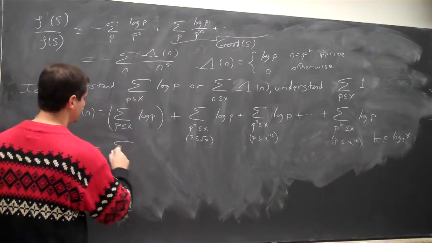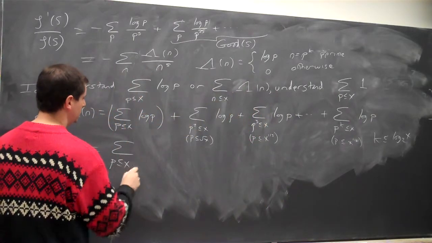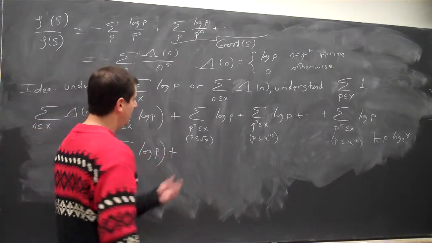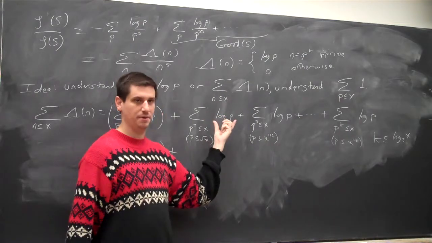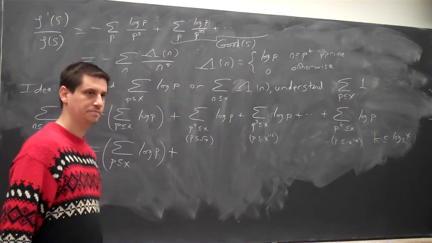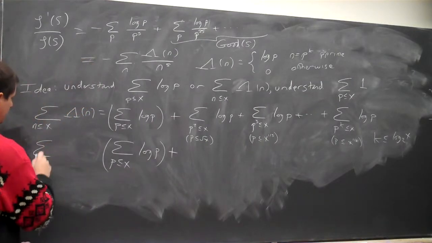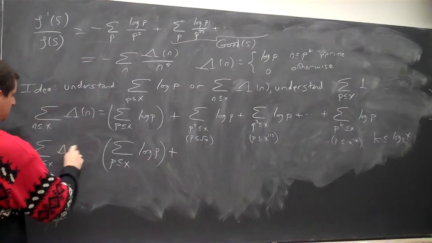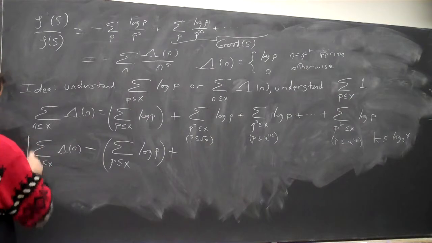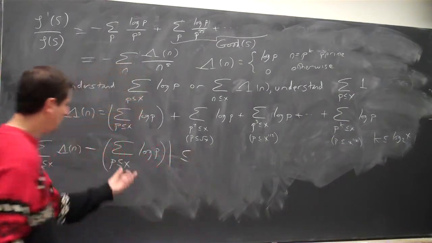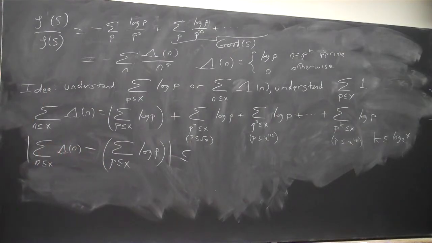Alright, so now when I'm trying to understand the sum, I've got the sum p less than or equal to x of log of p. Now, how big could this sum be? So what I'll do is I'll take my sum up to x, and I'll subtract, and I'll see how much of a difference can I get between these two.